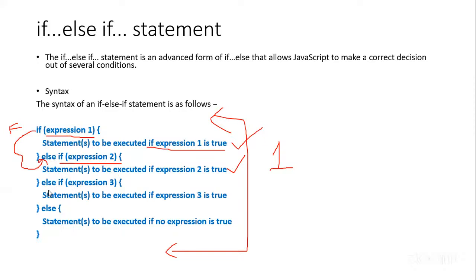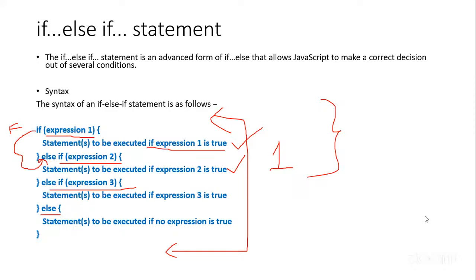If it is false, then expression three will be checked. That also may or may not be true. If that is also false, it is going to check the last else part. So like this, you can write n number of else if statements depending on your requirement.